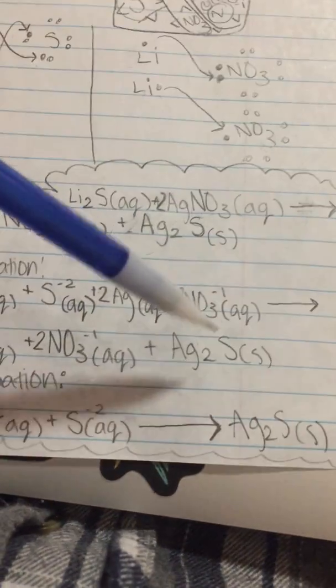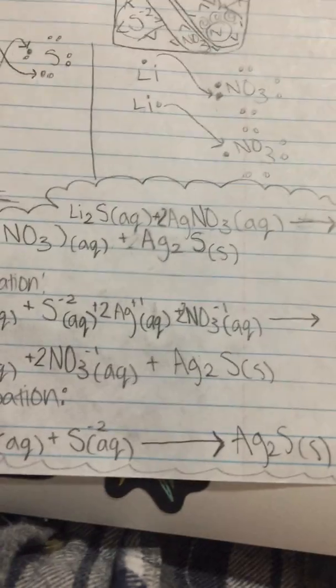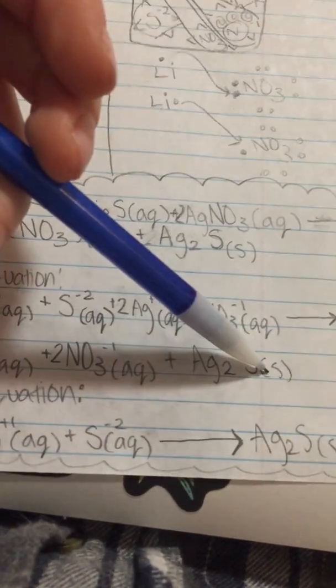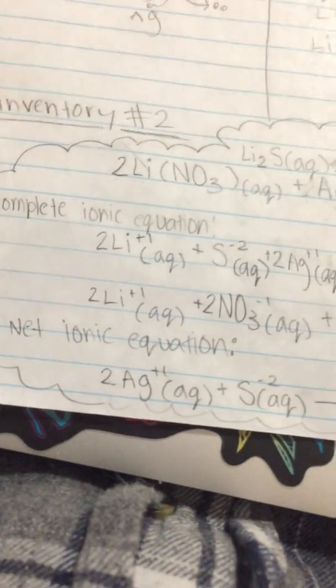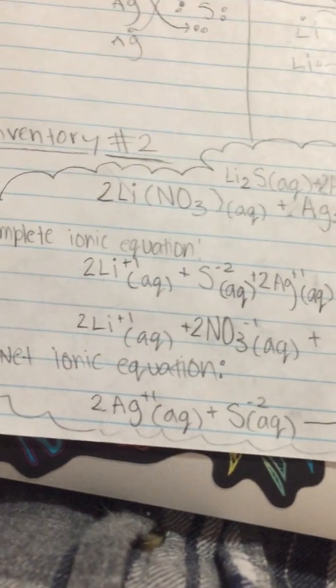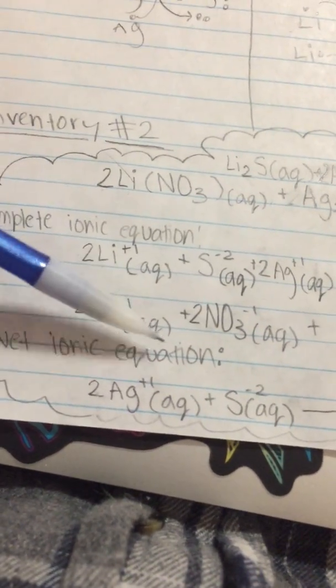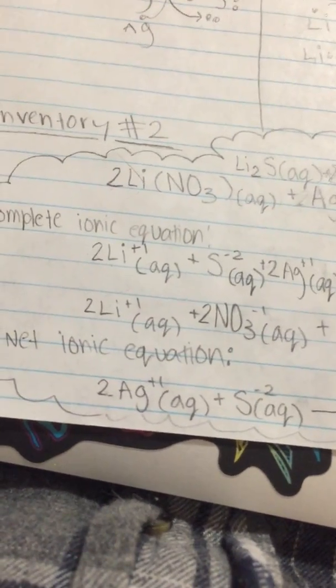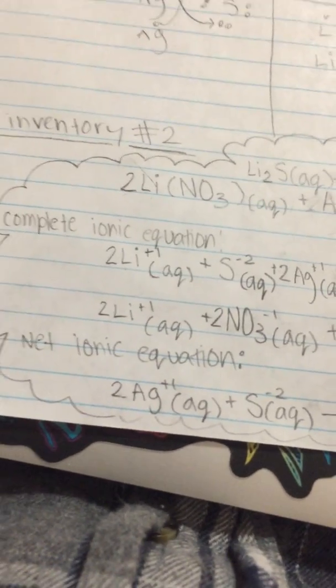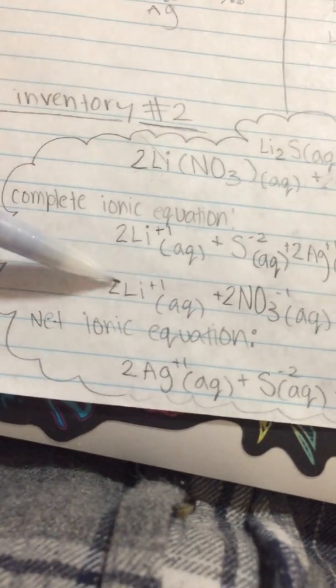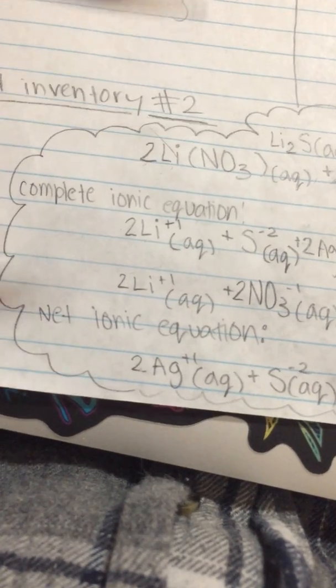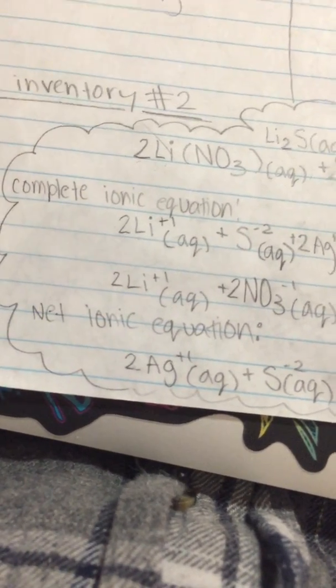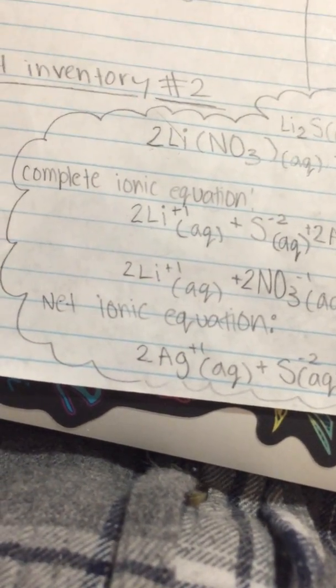That's because when these two combined, they fully combined, so they made a solid. When these two came together, they didn't make a solid. They both stayed aqueous, even as they were combined. So they still dissolved in the water. Because of that, we don't combine them in the complete ionic equation.